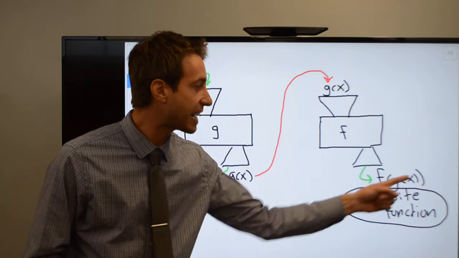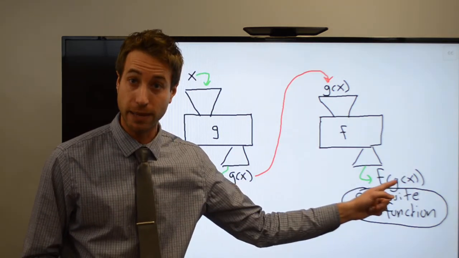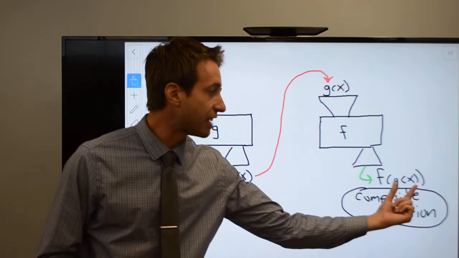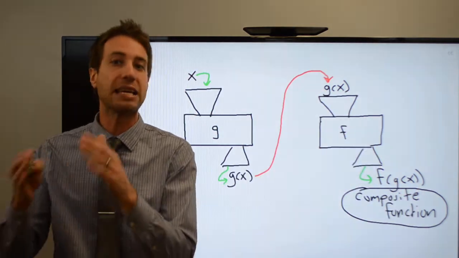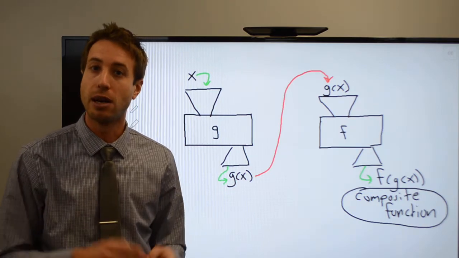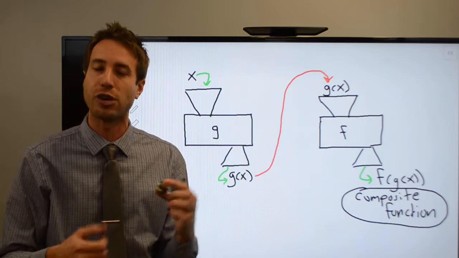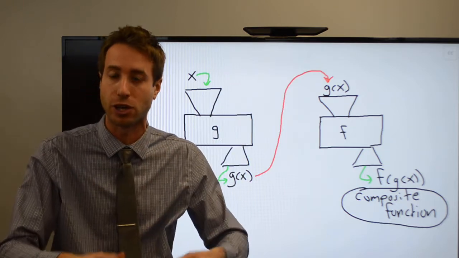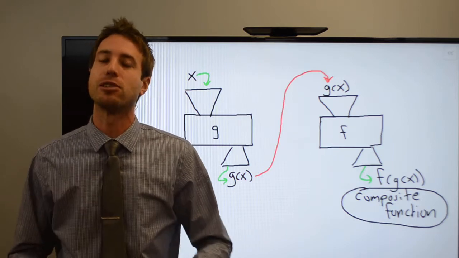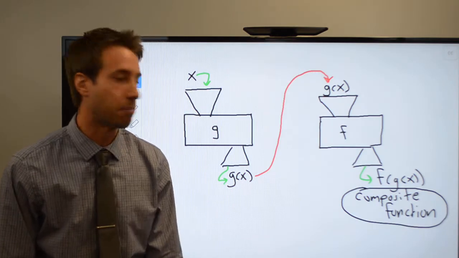I've taken that x, plugged it into g to get g of x, and then that g of x has been plugged into the function f to get me f of g of x. So you're going a little bit further with evaluating functions. We're not just plugging a domain value into one function, we're substituting into a couple of functions, and this is known as composite functions.